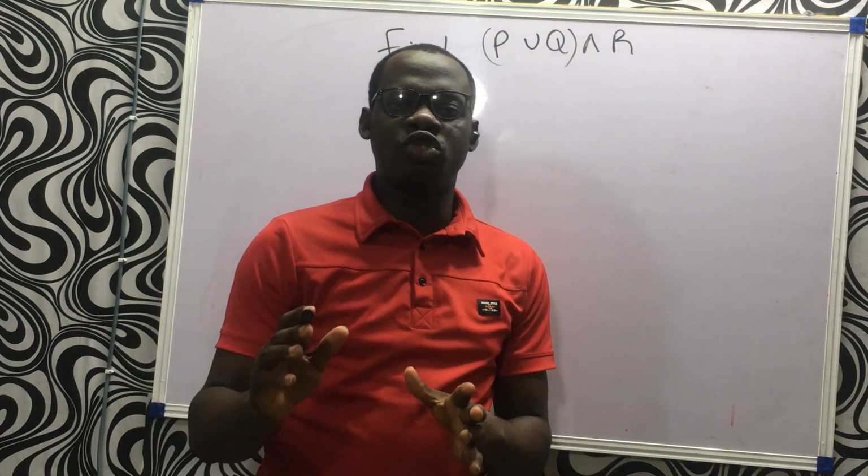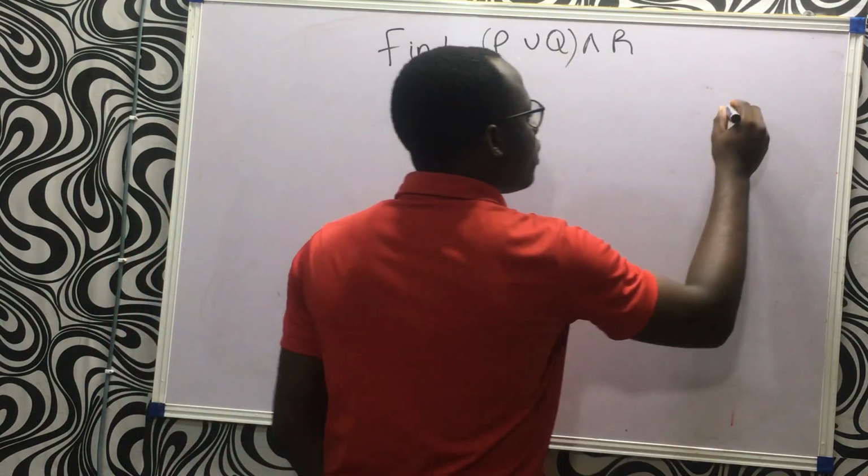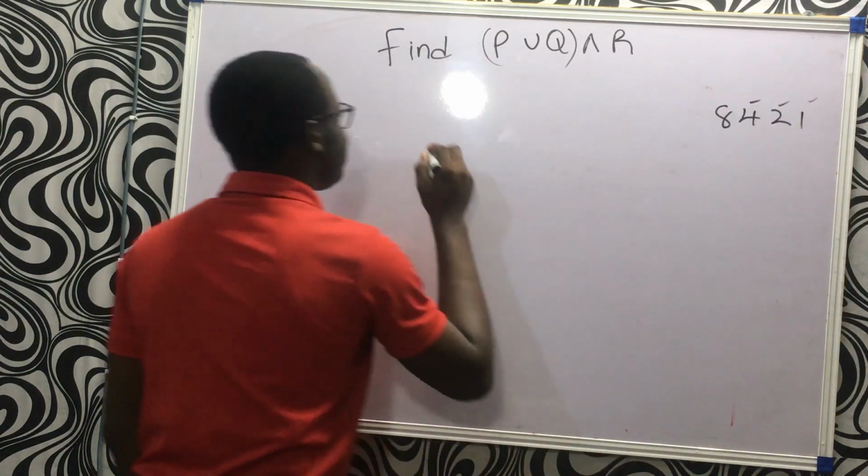So the next step is to get the truth table. We have three inputs. Remember, 8, 4, 2, 1. So we have 4, 2, 1.